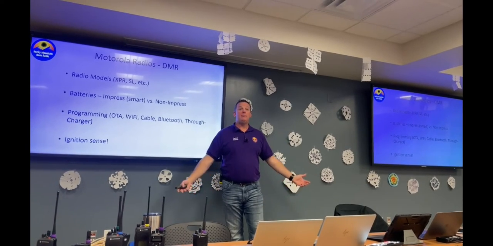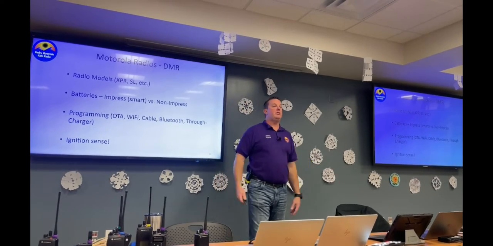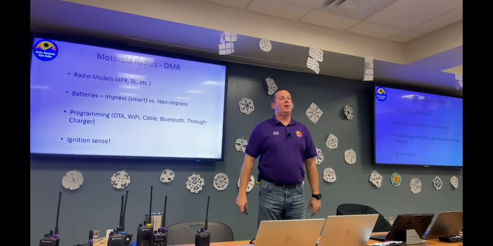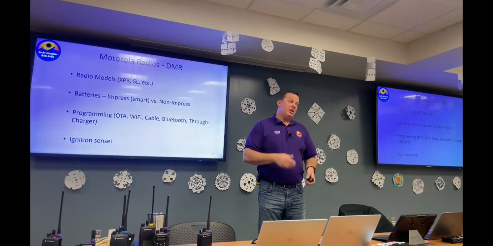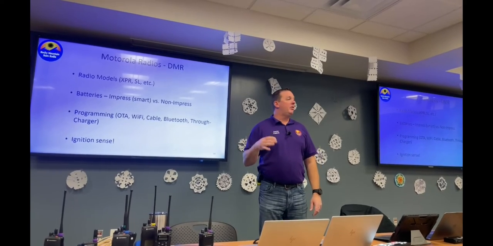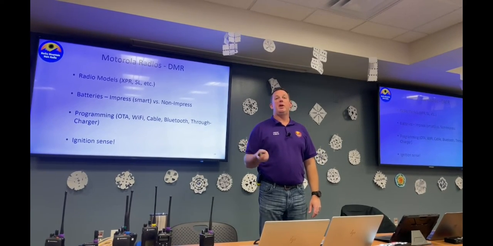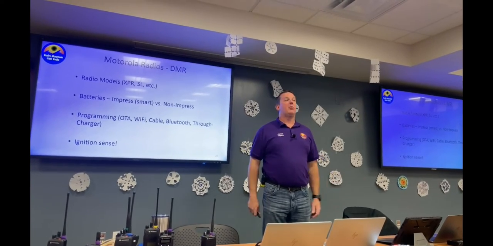They just charge them as a dumb battery, and it's full and here you go. Good luck. Nothing wrong with them, right? They last. There's a lot of them that last. Good news is some third parties are now making smart-capable or IMPRES-capable third-party batteries that are a lot cheaper than the OEM Motorola batteries, and they seem to work great too.